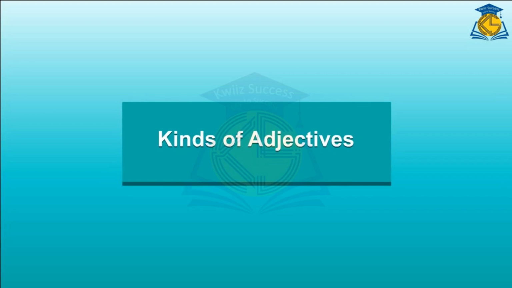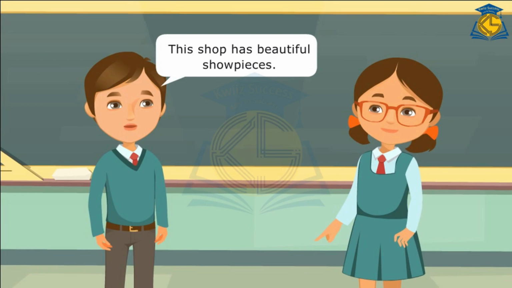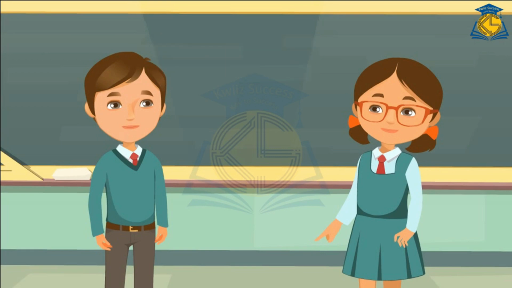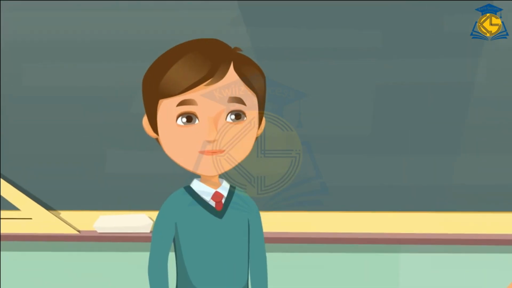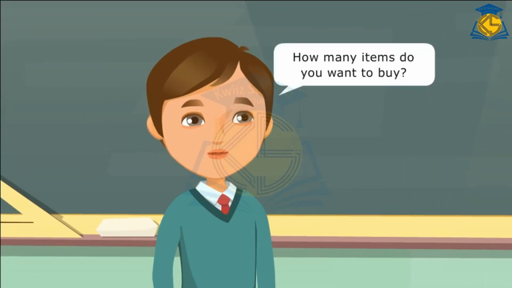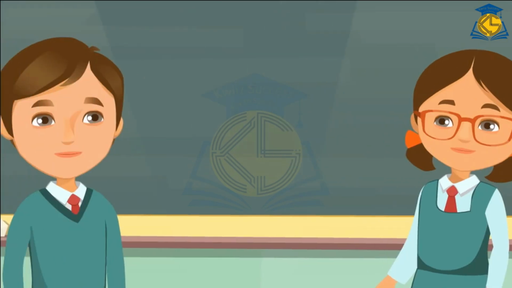Kinds of adjectives. This shop has beautiful showpieces. I want to buy some stuff for my drawing room. How many items do you want to buy? I will buy 4 pieces.